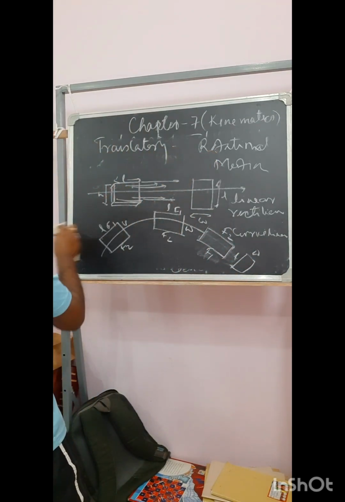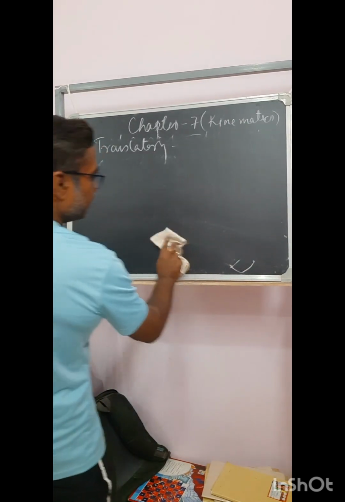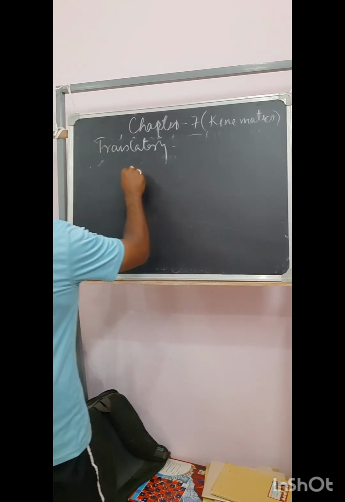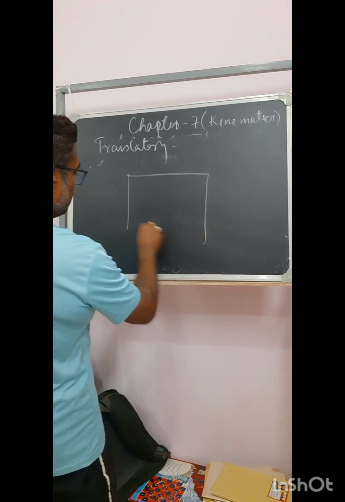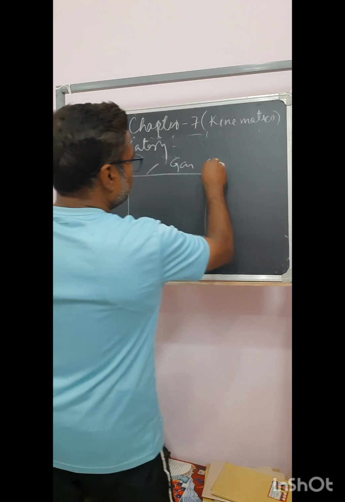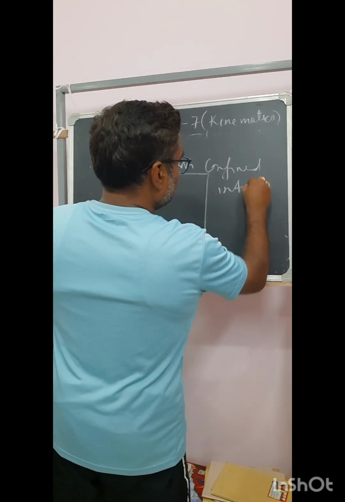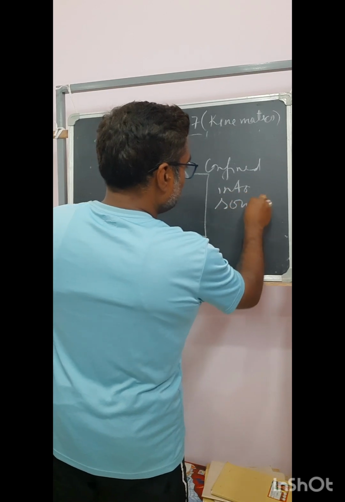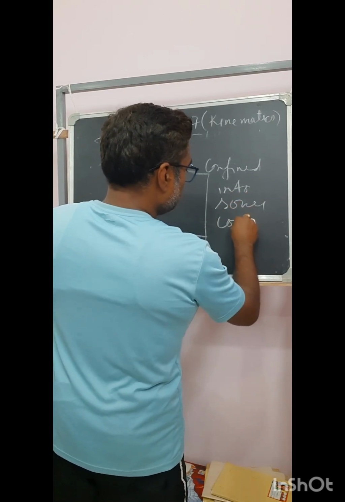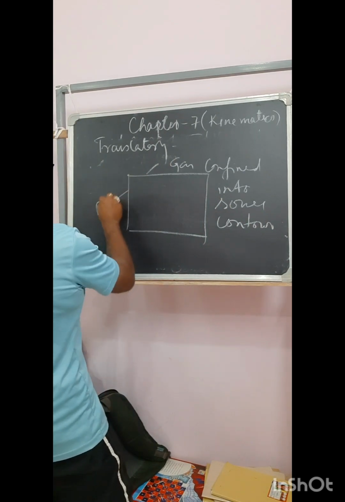The third one under this is random. This motion can be studied when a gas is confined in a container of fixed volume.